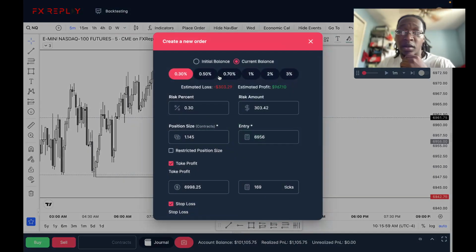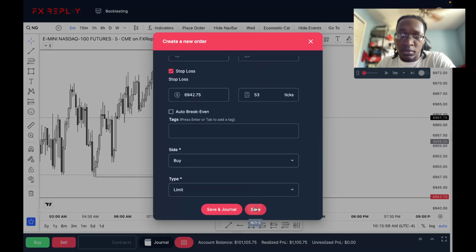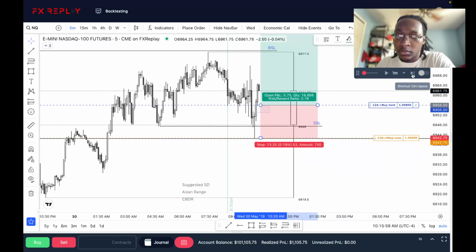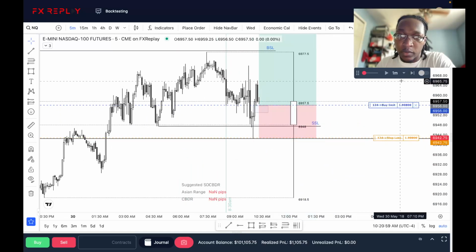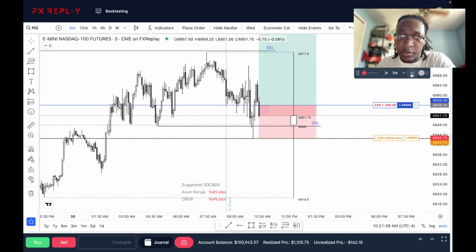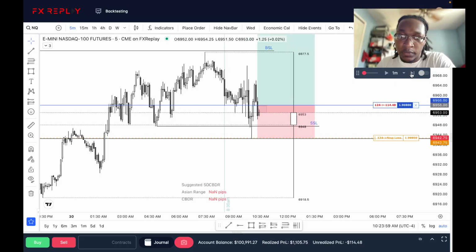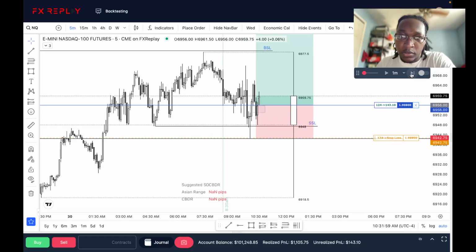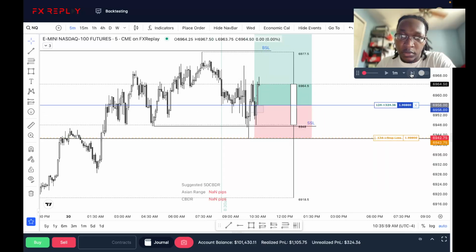So because I'm a little bit more confident in this one, I'll risk a little bit more. See what we can do here. Looks like we're about to get tapped in. We start pushing higher a little bit. There we go.